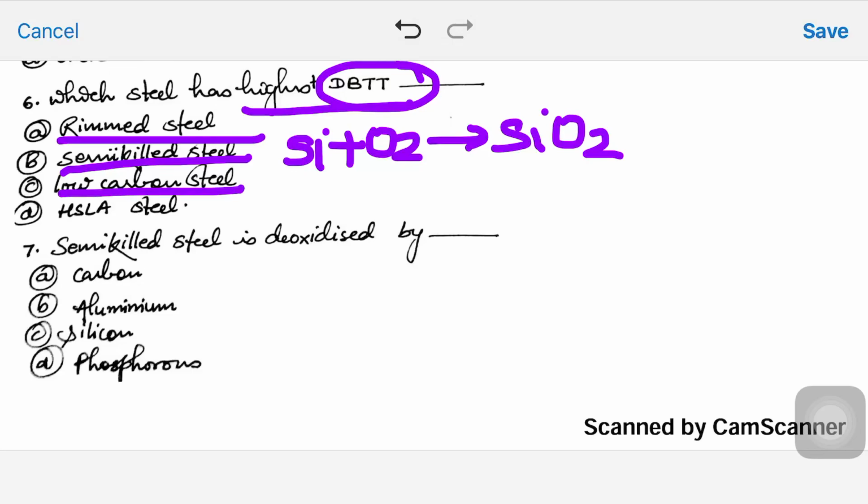It is ductile in nature. High strength low alloy steel, again, has very low ductile to brittle transition temperature. So the first option is the correct one. The rimmed steel that contains a lot of iron oxide has the highest DBTT, and that is the worst for the low temperature application.